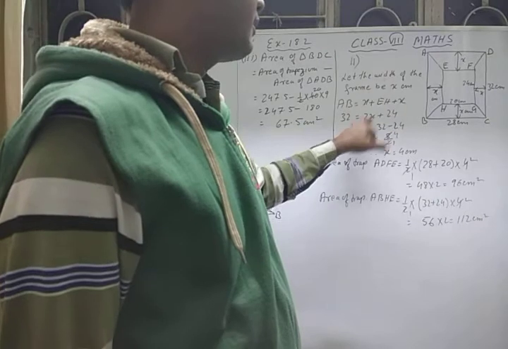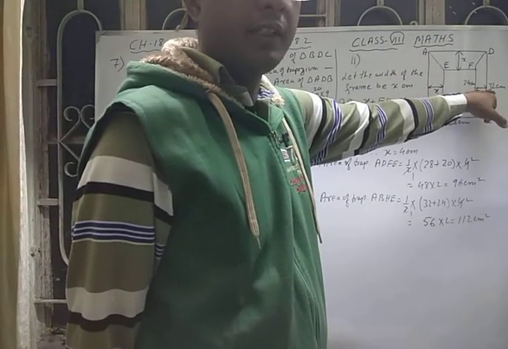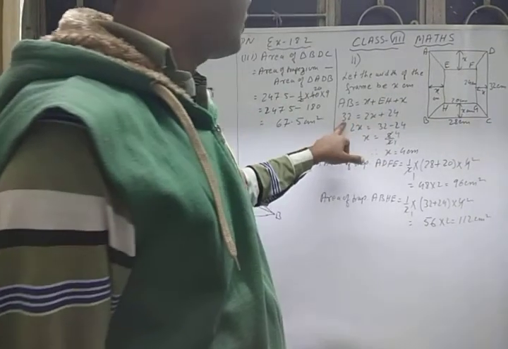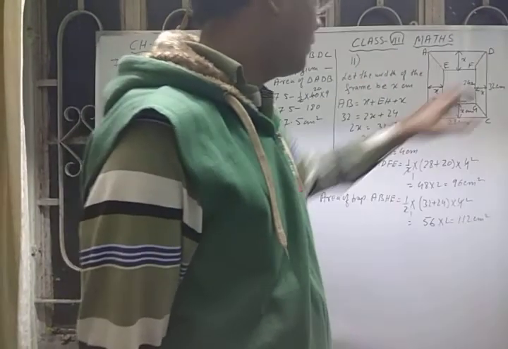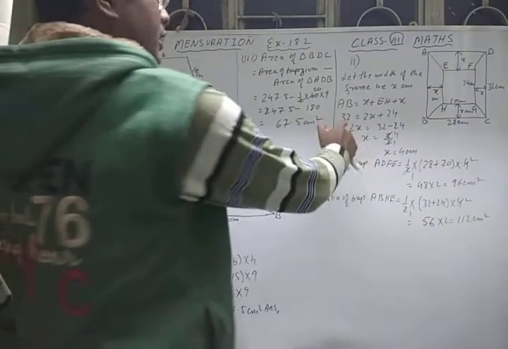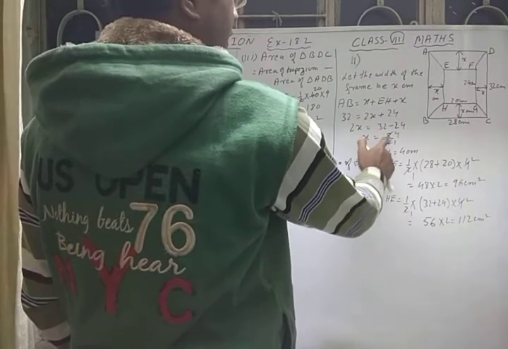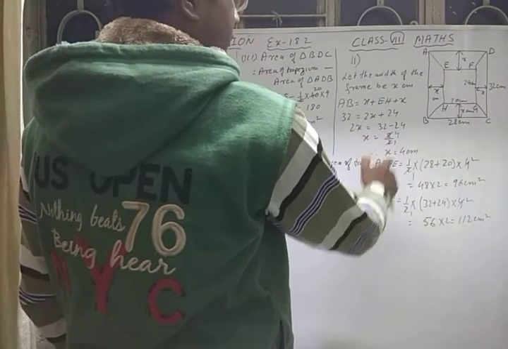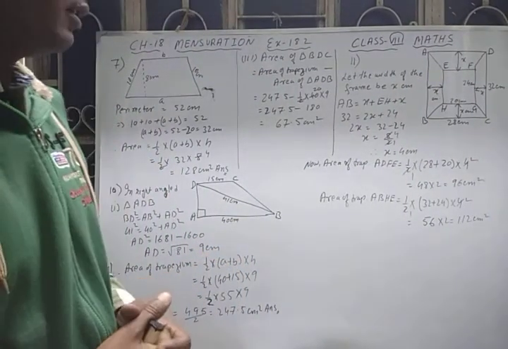It is 2x. Total AB, the breadth, is given, 32. So in place you can write 32. And the length of EH is given, 24, you can write. So 2x equals 32 minus 24, that is x equals 8 by 2, that is 4 centimeter. So the width of the frame is 4 centimeter.